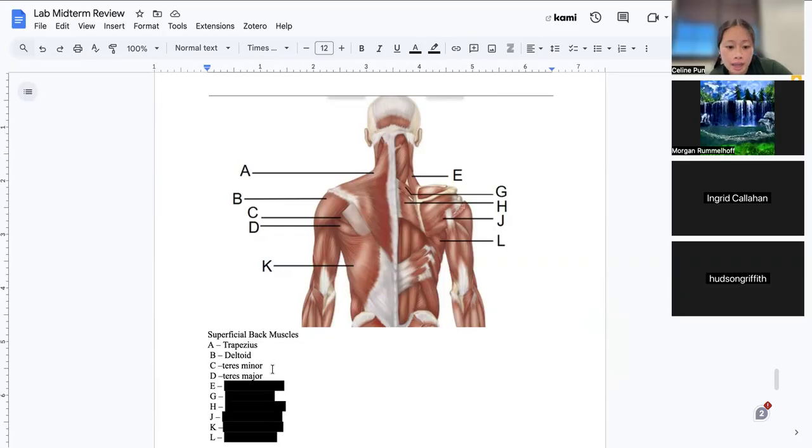This is your levator scapulae. This is the muscle that gives you good posture. So all you gotta do is elevate with it like an elevator. Elevate, retract, and depress. And this helps you have good posture. Okay, G is this muscle right here.